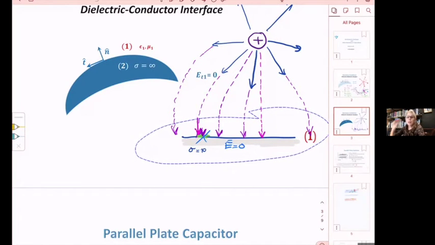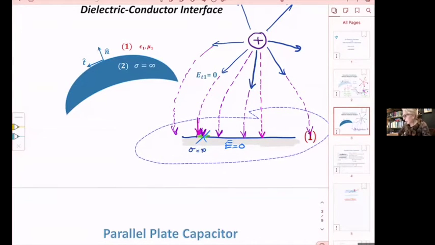This applies to electric fields, and it applies to electric flux densities, because the electric flux density and the electric field are related through a scalar.